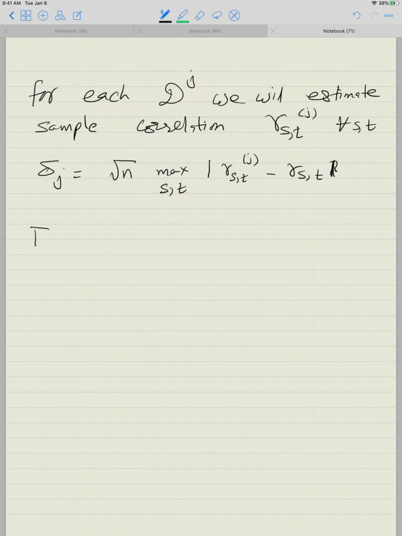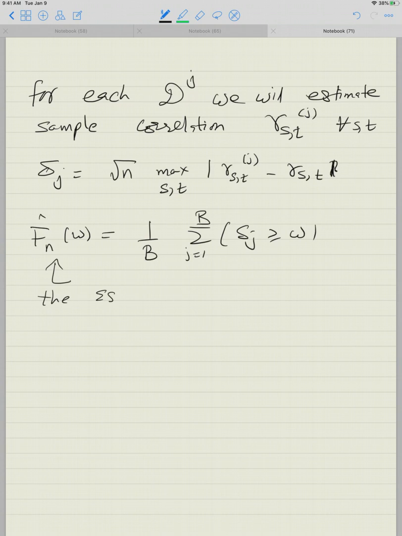And then we estimate F hat n of w to be just the empirical fraction of times the bootstrap version is greater than w. This is the estimate of Fn of w. Once we have it, we can then use that to compute the confidence interval.